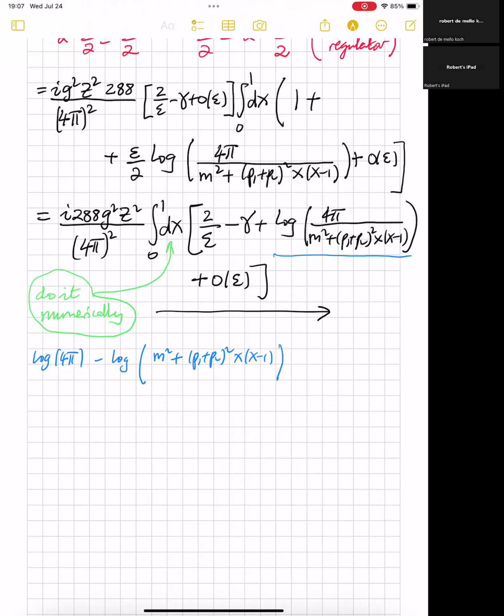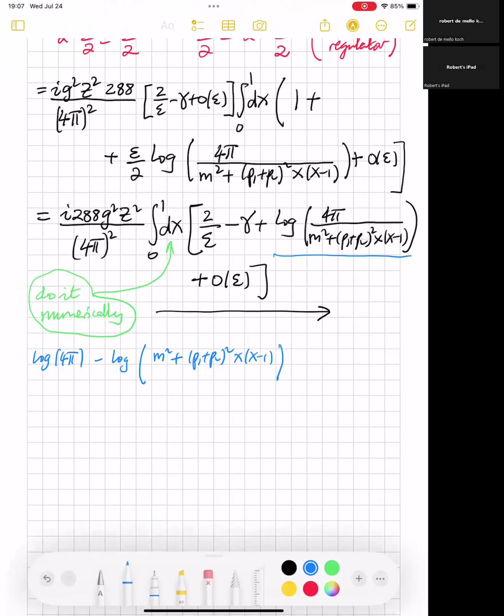Now, this looks distinctly weird. It has the dimensions of mass squared, so it's not dimensionless. But you cannot take the log of a dimensionful number. You can only take the log of something that is dimensionless. And that means you need to now introduce a new scale, mu squared.